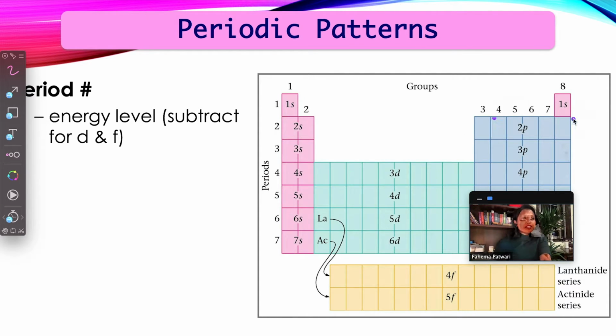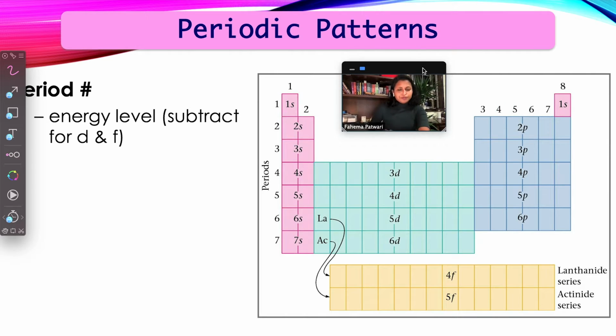If it ends in 2p, it's somewhere here. 5s is in the fifth period. For the d block, you have to subtract a little bit. If you're looking at 4d, you have to look at the fifth period. But that's a pattern that will come to you easier eventually.